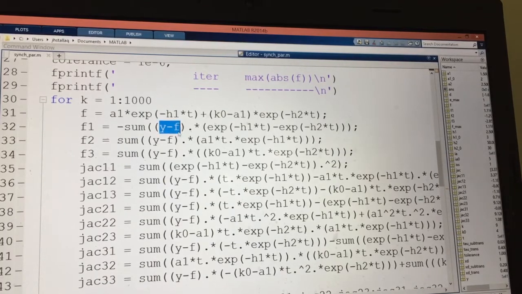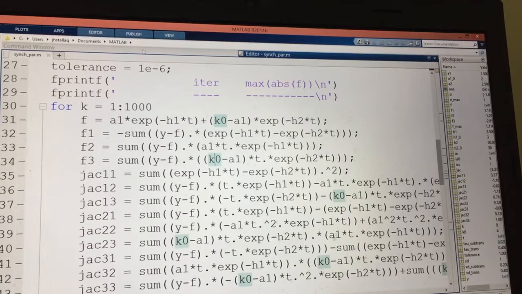When we take the derivative, try to check the derivatives yourself. So we want to make sure that Y and F are almost the same.